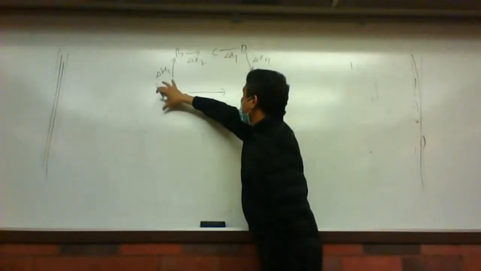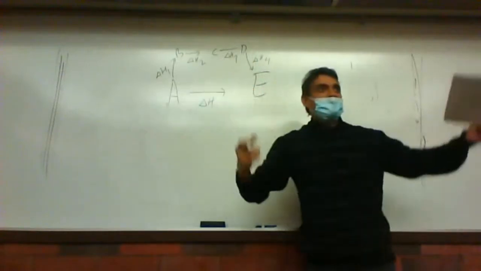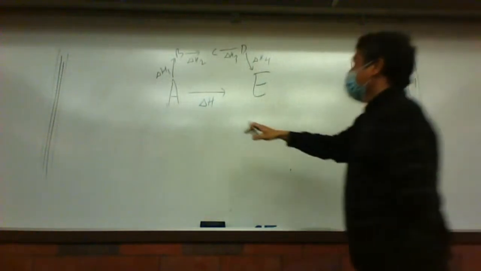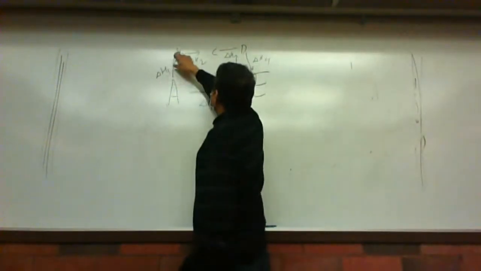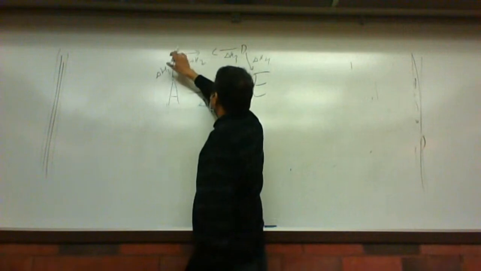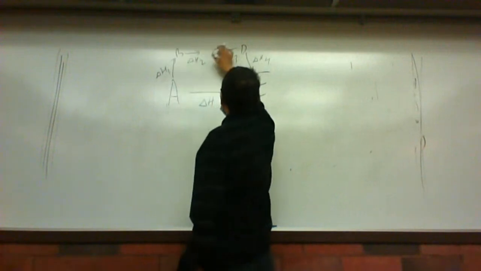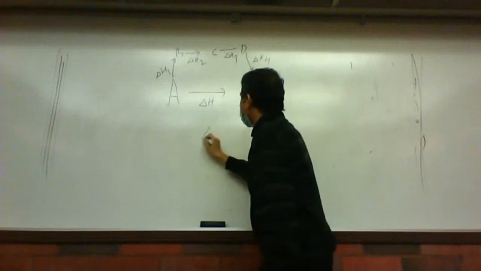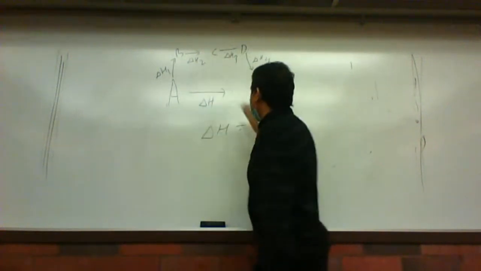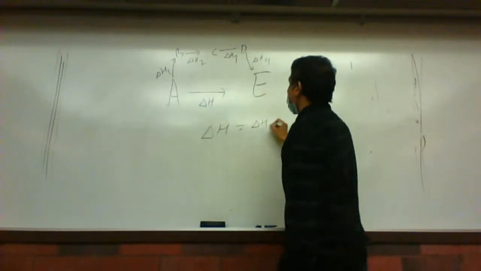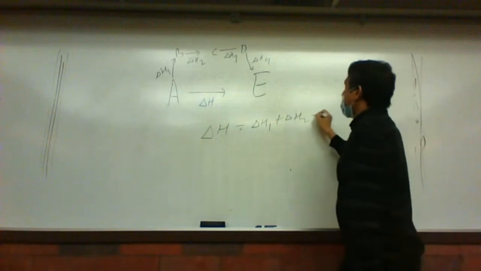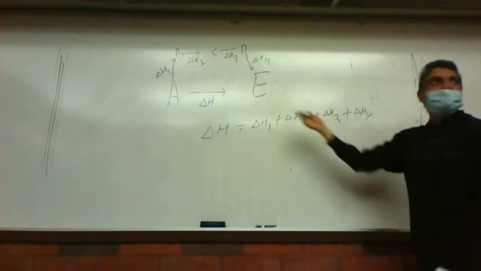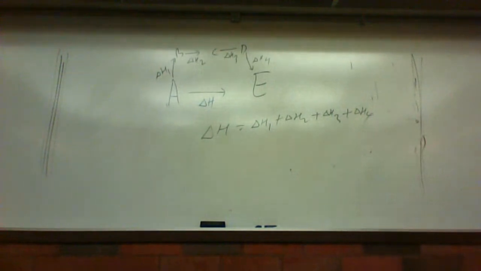Now this is a direct path. You go from A to E directly, like you take a helicopter and go home, right? And this one is, you take many steps, you walk from A to B, and then from B to C, and from C to D, and then you are measuring the heat. So the total heat, direct path, delta H, and then many steps is delta H1 plus delta H2 plus delta H3 plus delta H4. Same thing. Make sense?